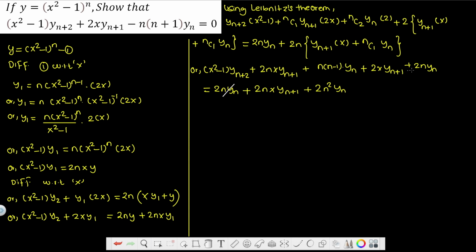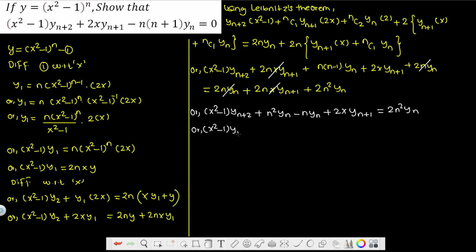Now we can cancel 2n yn and 2n yn, and we can also cancel 2nx y n+1 and this. So we are left with (x square minus 1) y n+2 plus, open this bracket, we will get n square yn minus n yn plus 2x y n+1 equals n square yn.